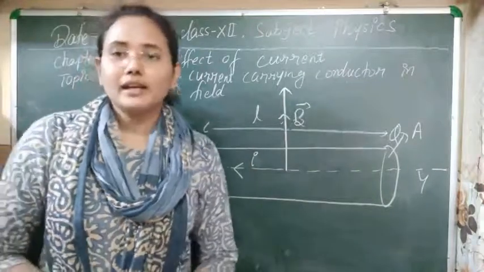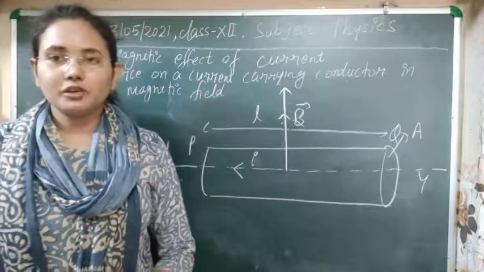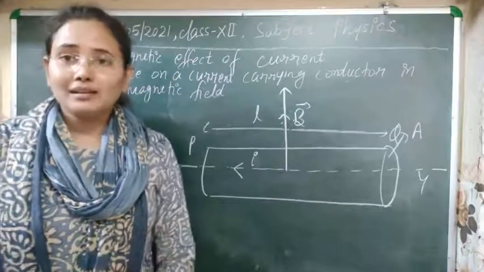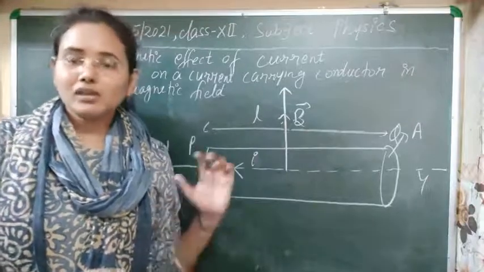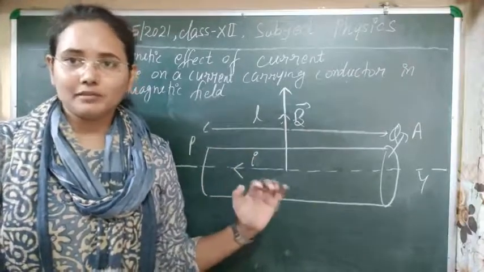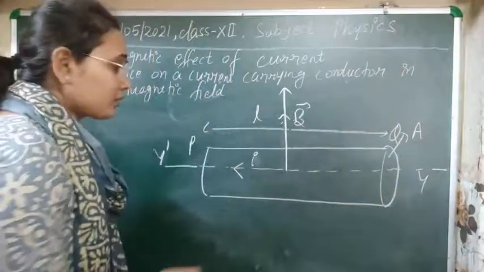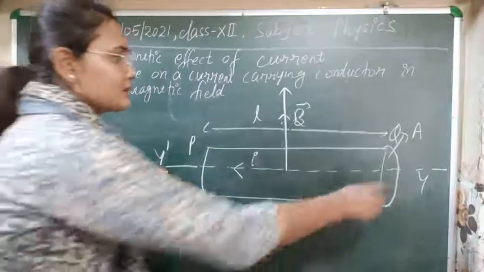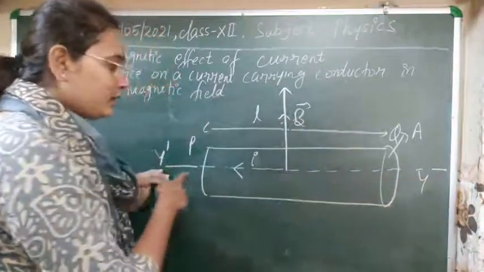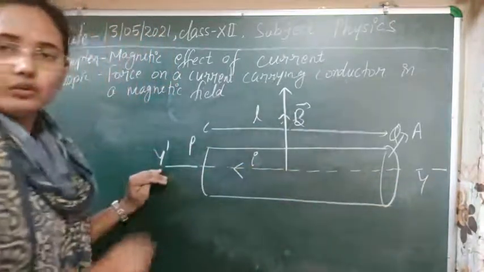We have already studied the concept of drift velocity, and how current is produced in a conductor, in the current electricity chapter. So if positive potential is created here and negative here, then electrons will drift from this end to this end.